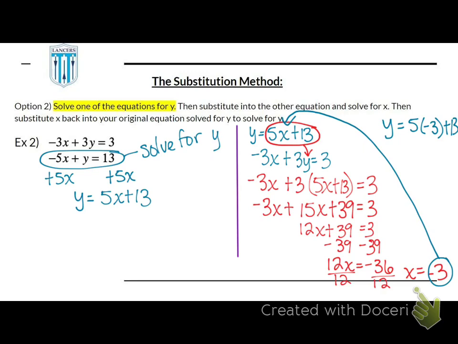Negative 15 plus 13 is negative 2. The 15 was bigger and it was negative, so our answer is negative.